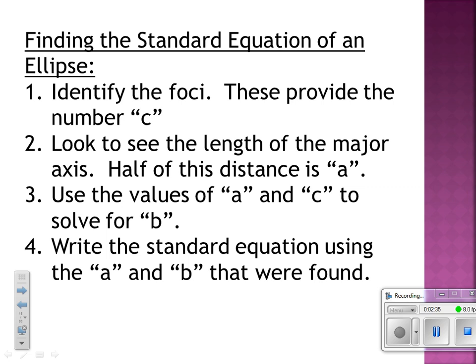Now it's possible too that they might give you the length of the minor axis instead, in which case you would have b. Again, you're going to be able to determine two of them. Use whichever two you know to calculate the one that you don't, using that c squared equals a squared minus b squared thing. Write the standard equation then using those numbers that were found for a and b.